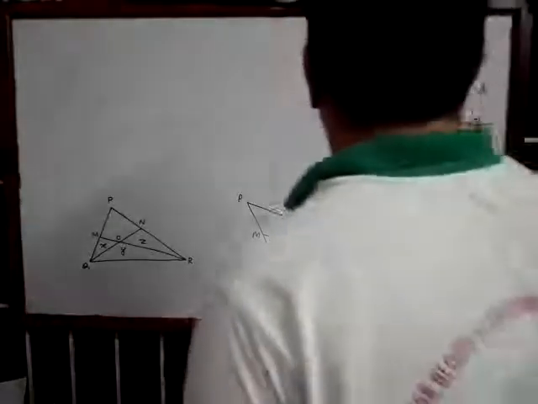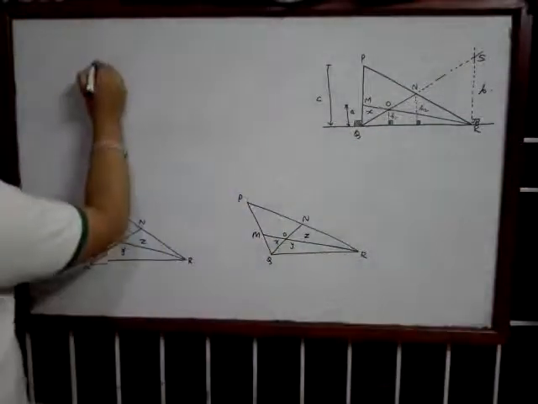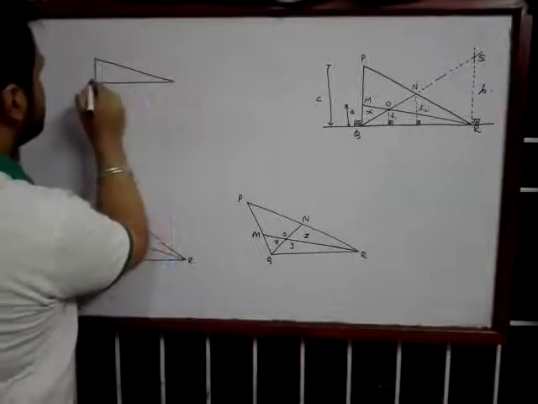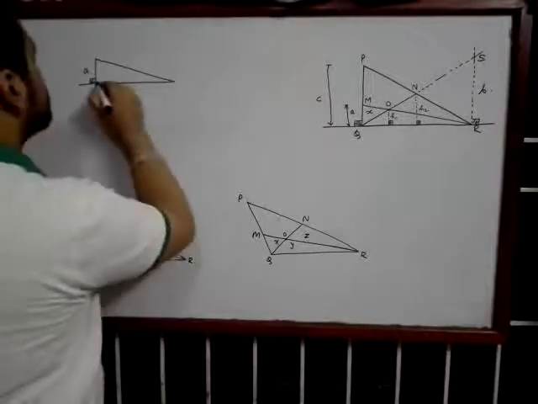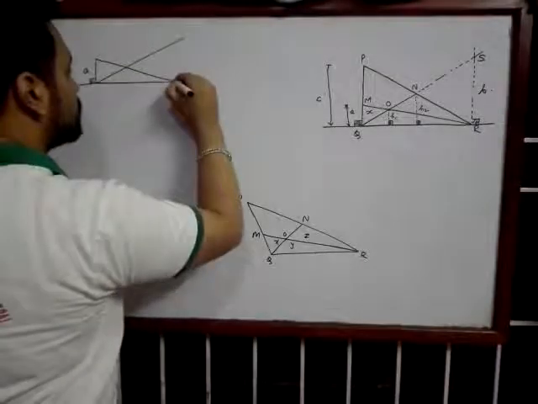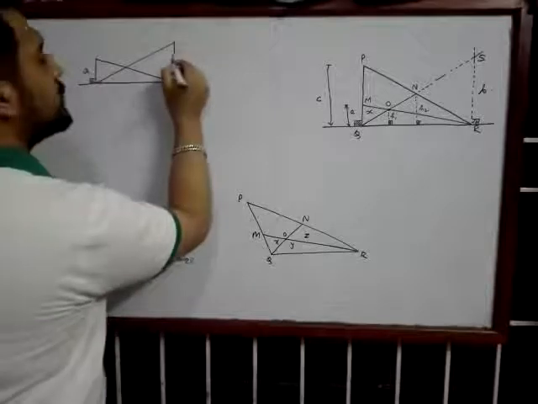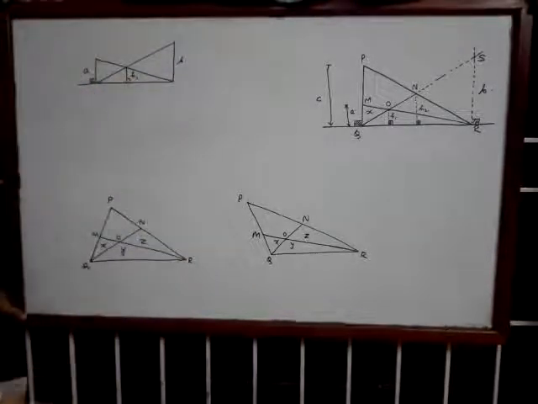Now let's see, for H1 we have this condition. This is 90 degrees, this is A, this is again 90 degrees, this is B, and what we have is H1.